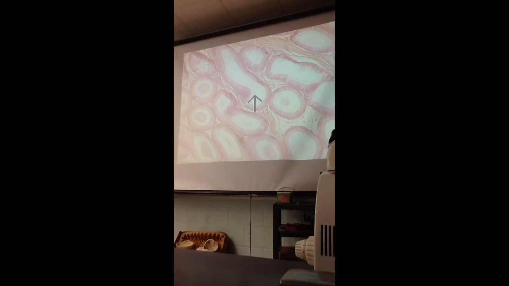Because it's long and coiled and very convoluted, when you take a section, again it appears like circles, but it's all a single tube. So epididymis, the type of epithelium is pseudostratified columnar epithelium. It's not ciliated, it's simply pseudostratified columnar epithelium.